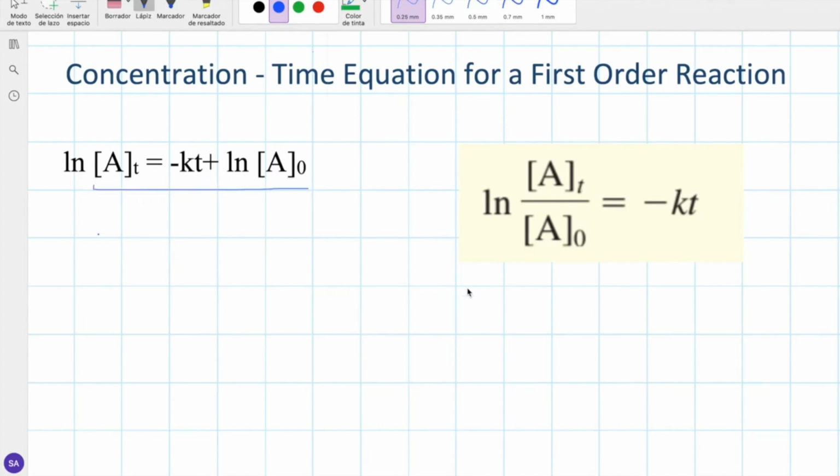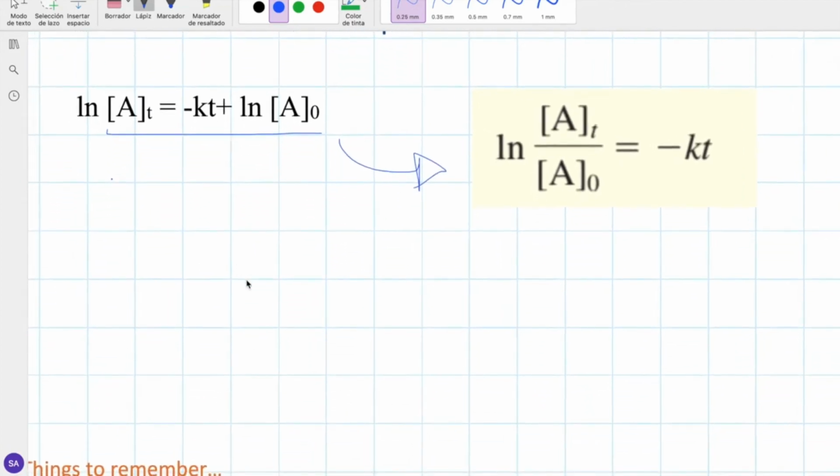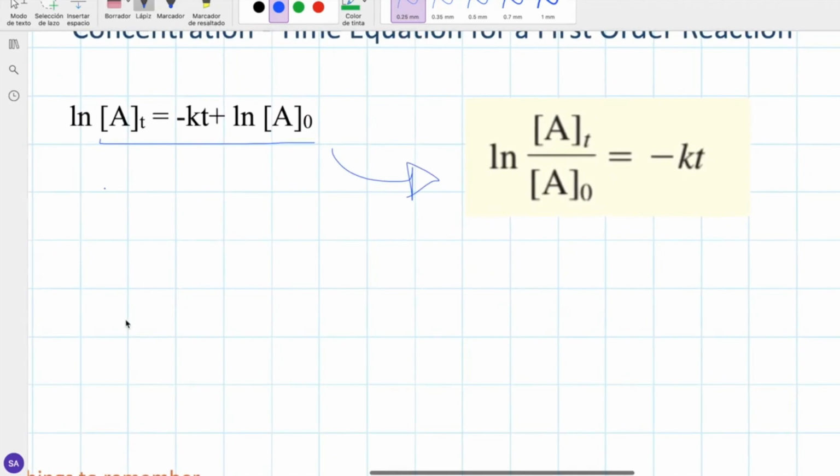A formula can be written in different ways because of different properties, especially with natural logarithms. This one is given in your workbook and this one was given on the table. So let's see how the formula that was given in our workbook can look like this one.